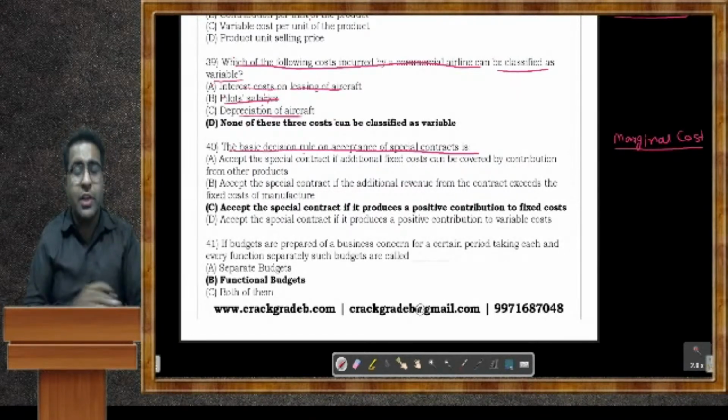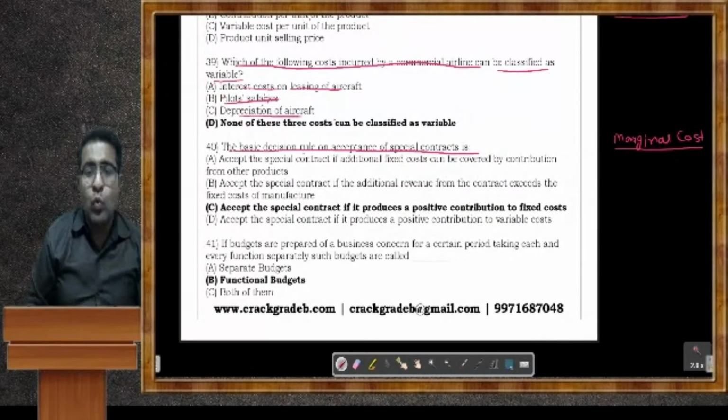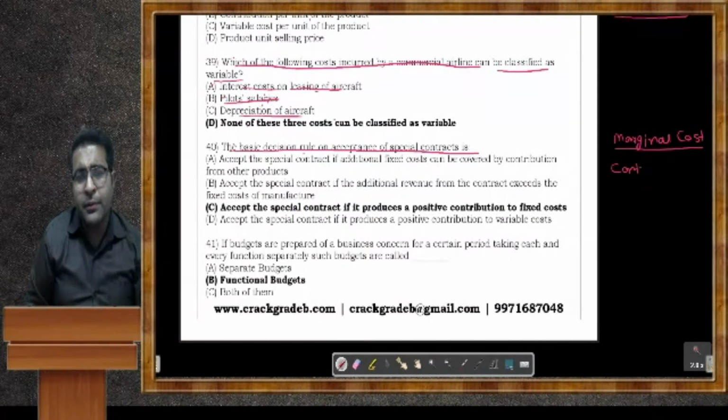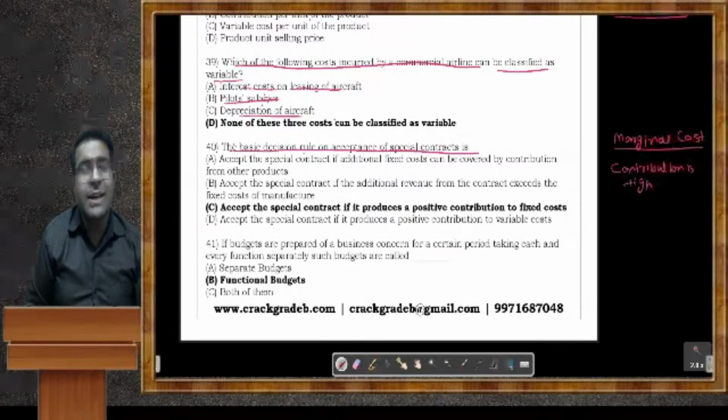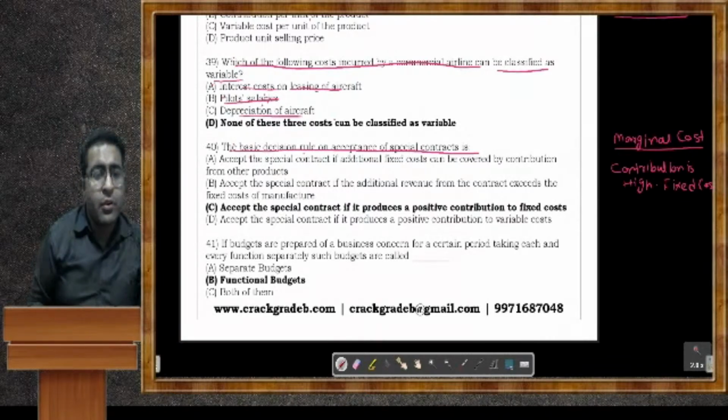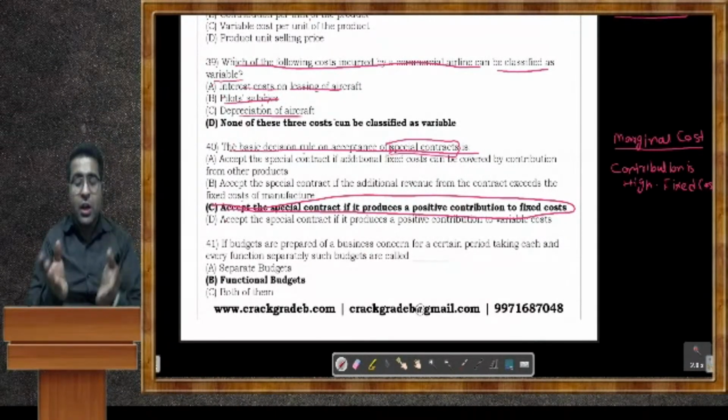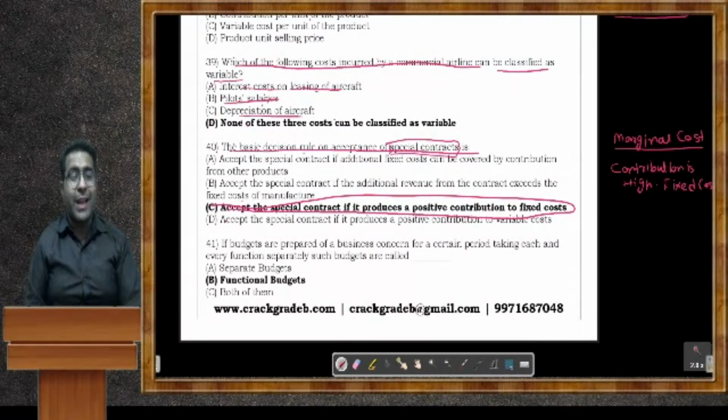In marginal costing, everything is acceptable when contribution is higher than the fixed cost. So in case of a special contract, accept the special contract if it produces a positive contribution to the fixed cost, meaning contribution is higher in comparison to fixed cost. Moving to the next question.